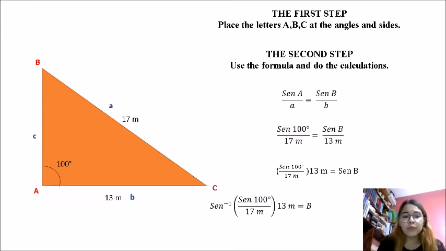So now we proceed to calculate B and we end up with 48 degrees, 51 minutes and 30.99 seconds on the result.